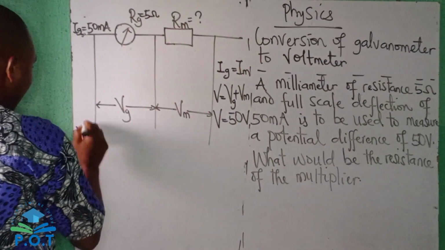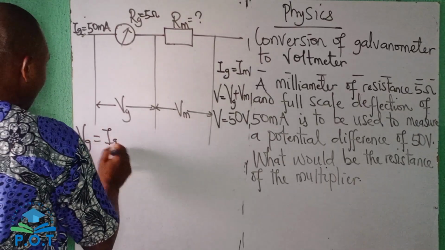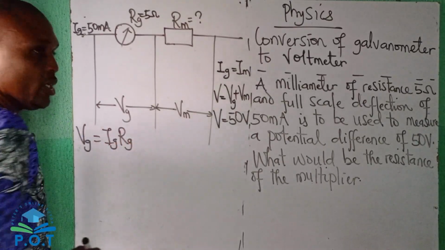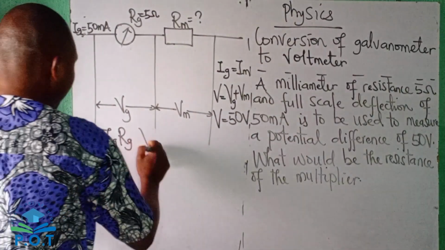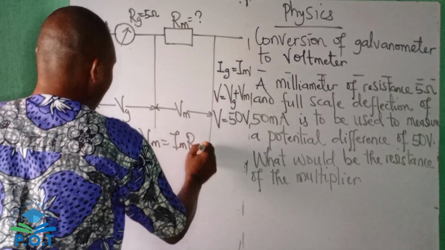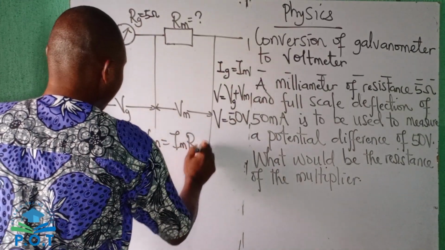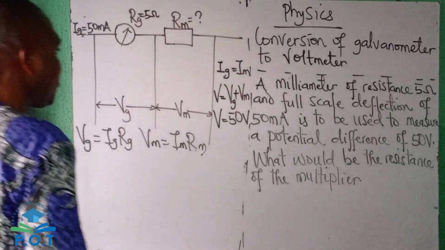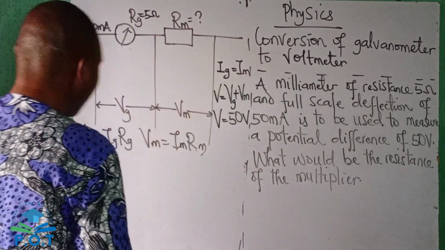Looking at this, take note of the fact that my Vg is equal to Ig Rg, from Ohm's law, and my Vm is equal to Im Rm.